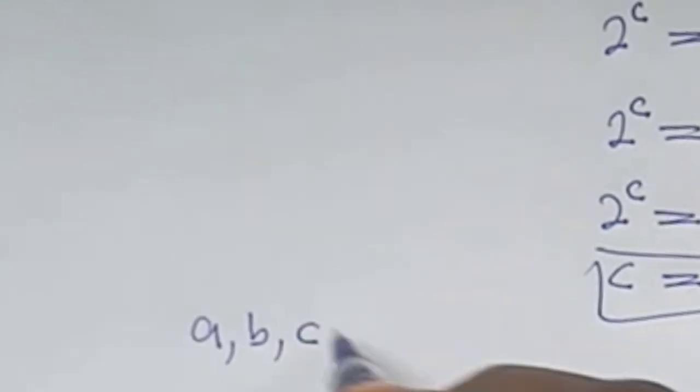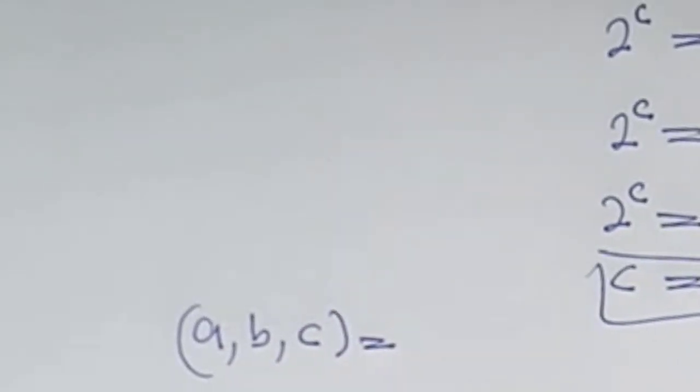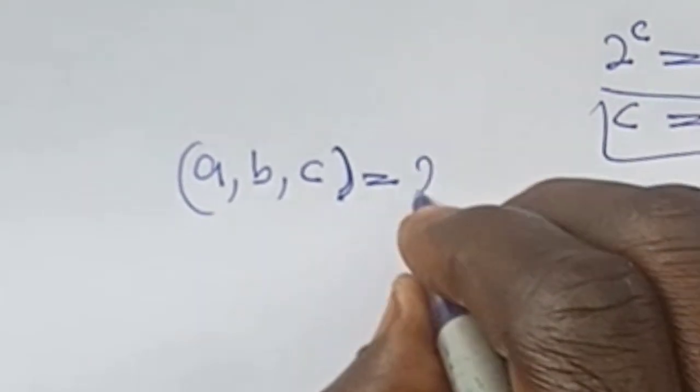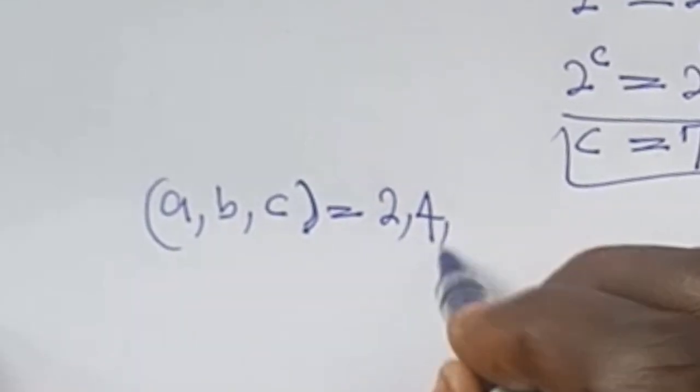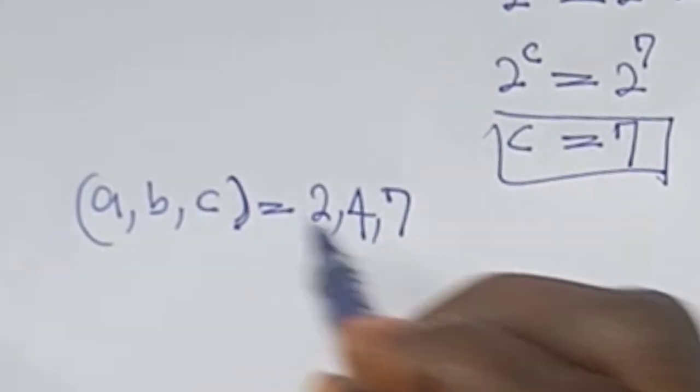So that a, b, and c will be equal to a is 2, b is 4, and c obviously is 7.